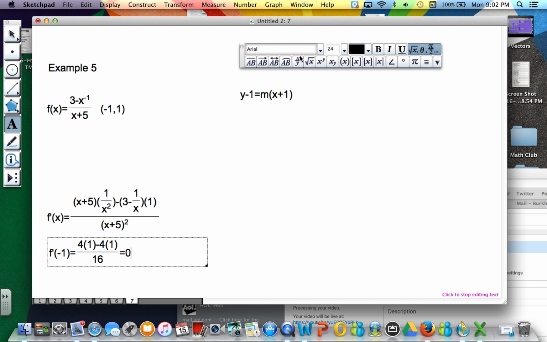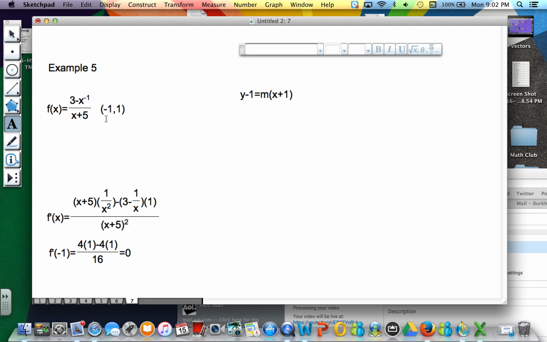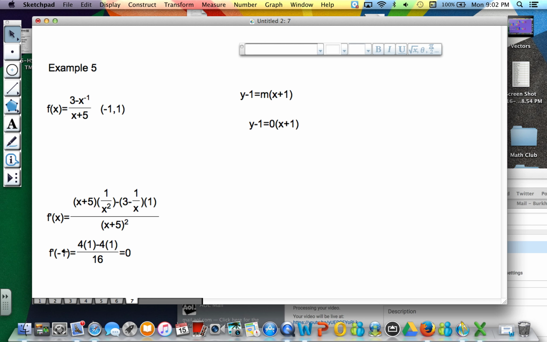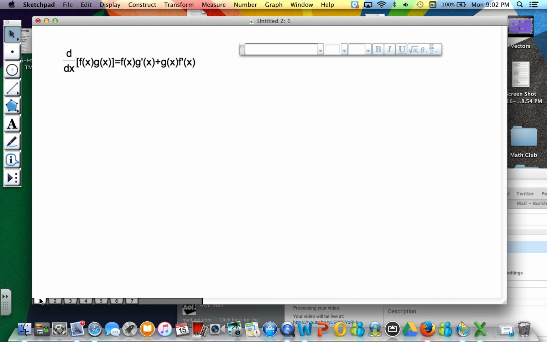Well, that's 0. So my slope is 0. So my equation of the tangent line is y minus 1 is equal to 0 times x plus 1. There you go. All the news that's fit to print. Hope this helps.